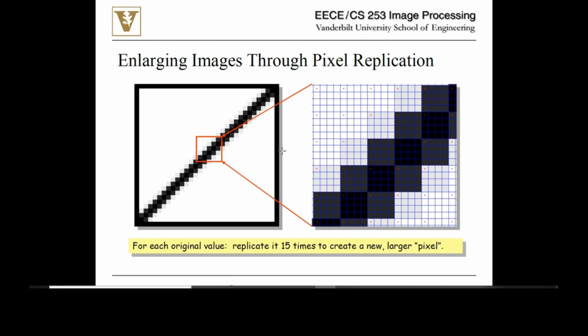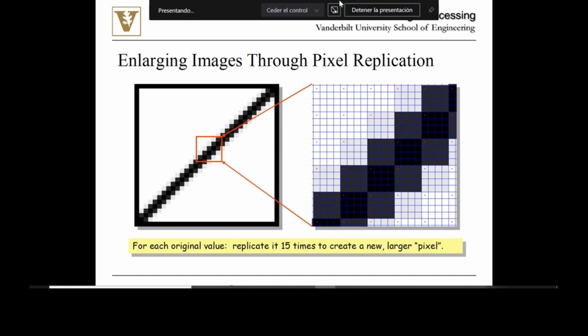The 3 samples in the bottom, and then also this area has to be filled. So I take the same value and I copy it 16 times. And now it is like I have a big pixel, so I convert every input pixel into a large pixel at the output.